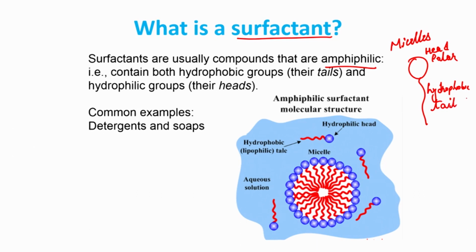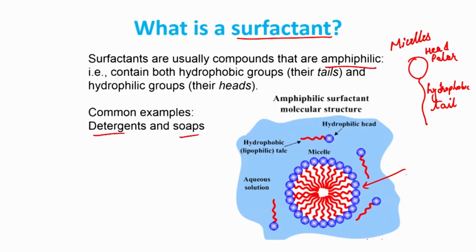Some common examples of surfactants are detergents and soaps, which are essentially hydrophobic tails with hydrophilic head groups, as shown here. They have a certain solubility in aqueous solvent, but if you increase the amount present in, let us say, water, eventually they will start to precipitate out and form these micellar structures. That is why soaps and detergents are very good at cleaning the dirt from your clothes.